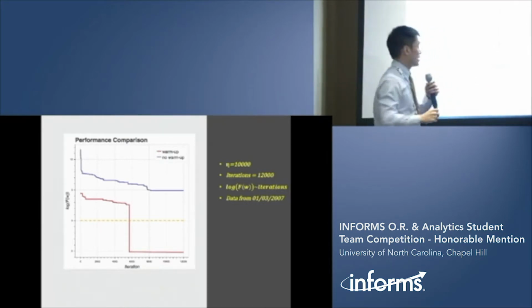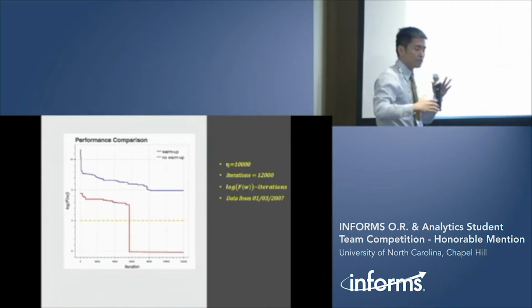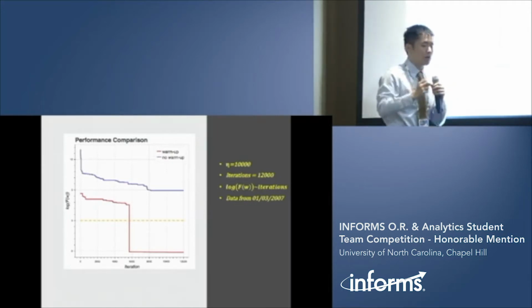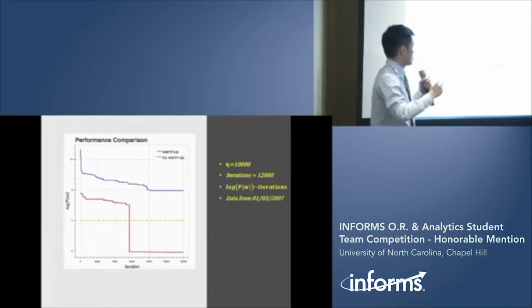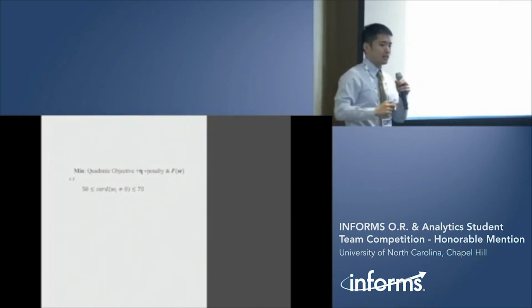The reason for that is that after a certain number of iterations, in this case is 6,000, our algorithm satisfies all the constraints and achieves 0 penalty. And so we find that our algorithm has a very good performance on the modified problem.